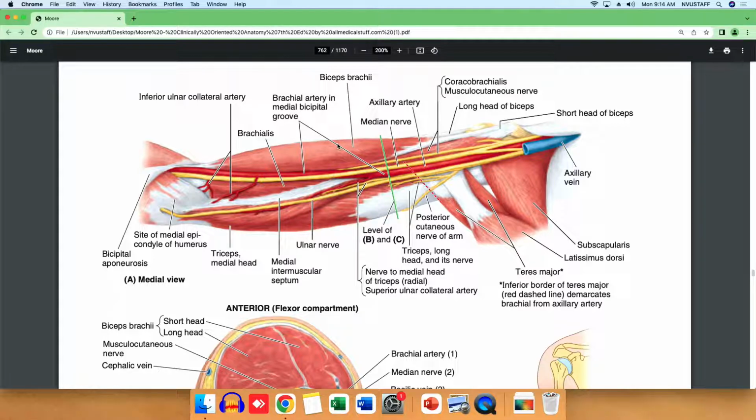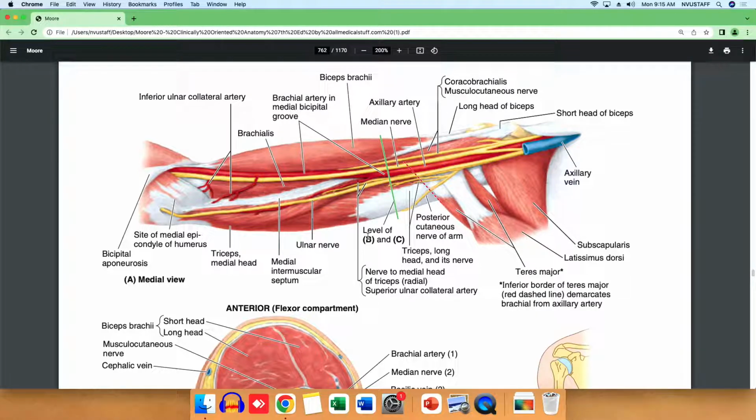It was the case for the axio-appendicular muscles as well. We had both anterior and posterior, by their localization. The same happens in the case of the arm and the forearm as well. So in the case of the arm, you can find the anterior compartment muscles and posterior compartment muscles.